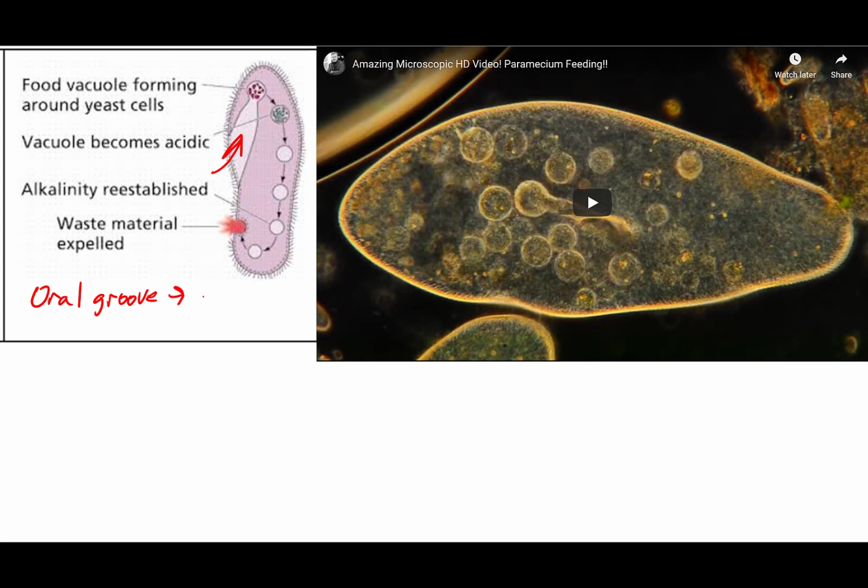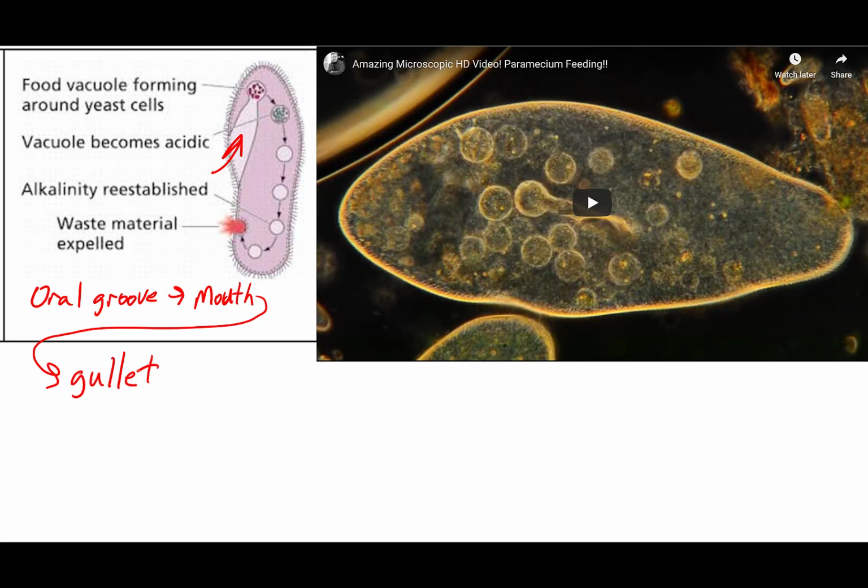From there, it'll move to the mouth. Then on to the gullet, which we'll see in a lot of our organisms as we see how they eat and their body parts.